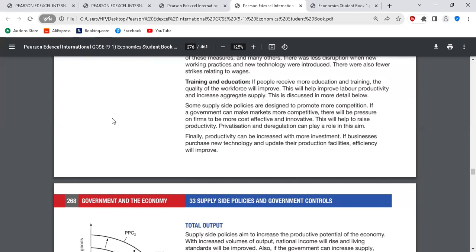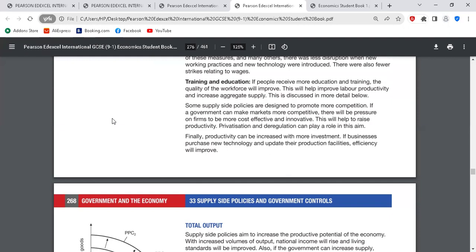This increases competition. And when competition is increasing, firms would not have any other choice than to find a way to be effective and efficient by reducing their cost. Because more firms coming in will reduce the prices of goods in that industry. So for you to be able to sell at a lower price, you should be able to reduce your cost.